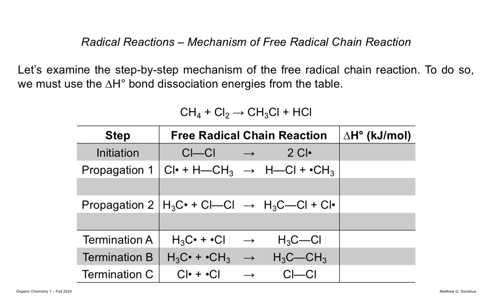Do the numbers jive with one another, or are they not going to be compatible to propagate the chain? So in the initiation step, we want to look up the value for chlorine.